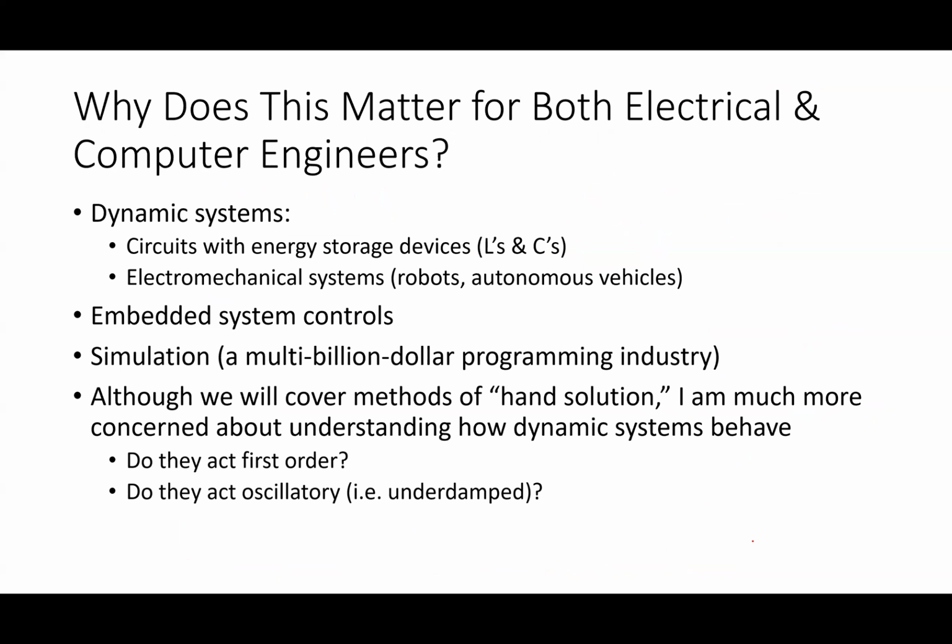So what I was saying is that dynamic systems are basically anywhere I've got energy storage devices. So electromechanical systems, for example, L's and C's. We come across this in embedded system controls a lot. When I talk about embedded systems, oftentimes I'm talking about controlling a motor, let's say in a robot, and there are essentially energy storage elements in those things.